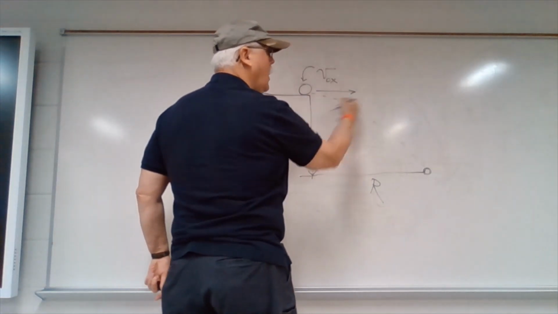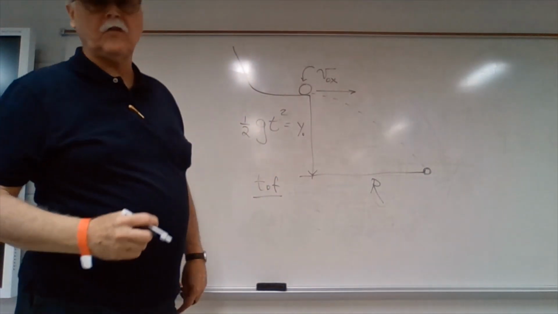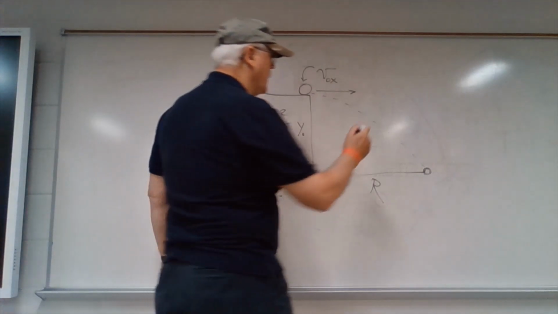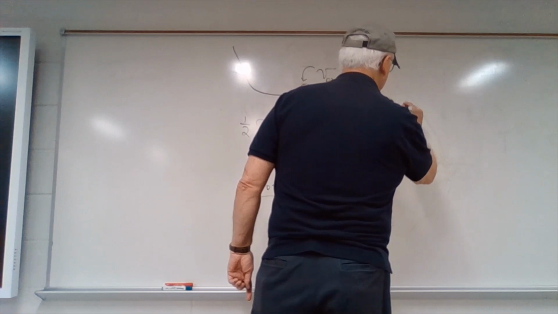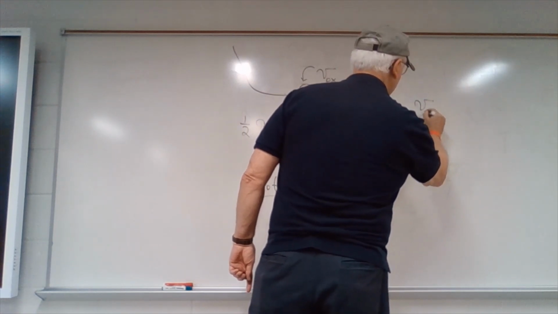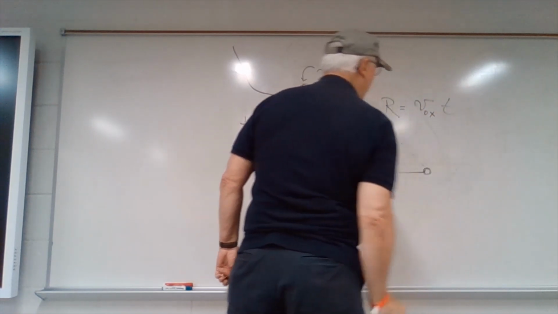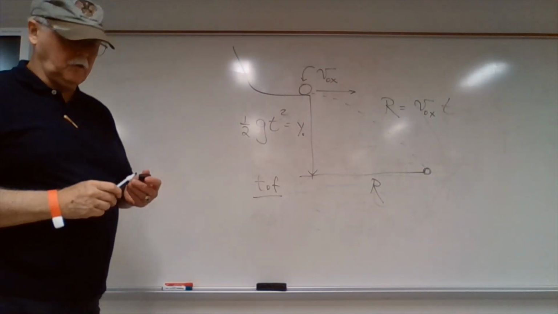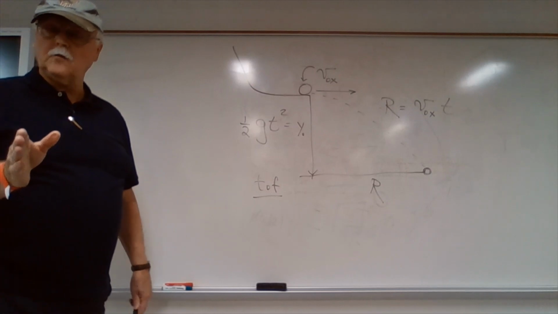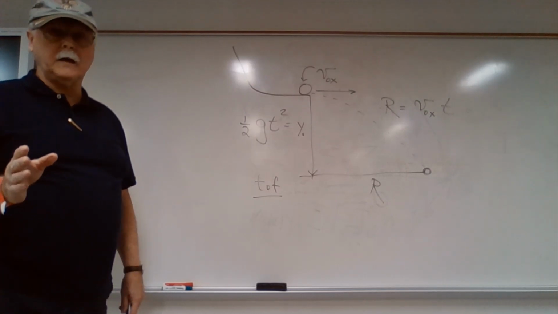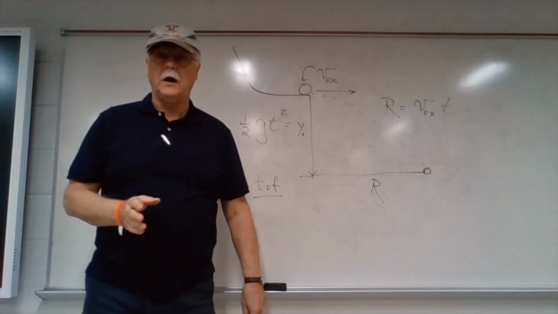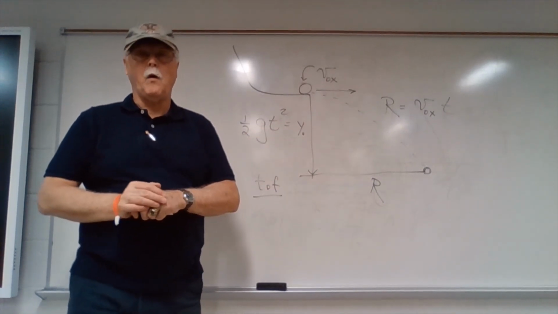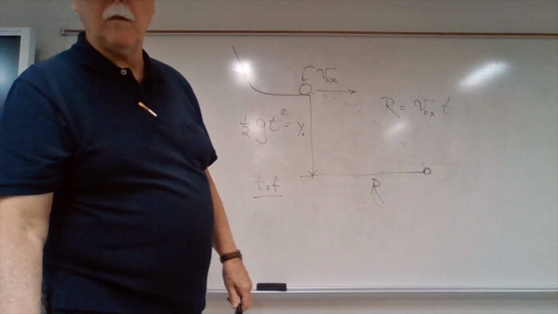There's no acceleration or deceleration in the x direction. So we can say that the range equals v0x time of flight. You can calculate v0x. You need to get this one right, just like when we did that projectile, because all of our subsequent calculations depend upon that control variable.